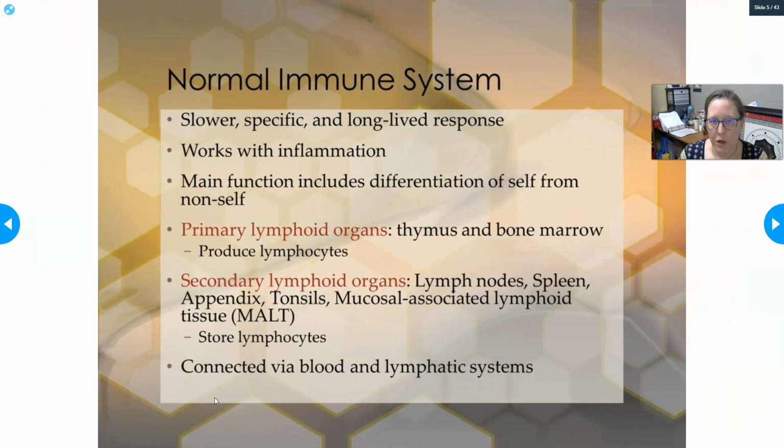Okay, so let's first talk about the normal immune system. So the normal immune system response is a slower, specific, and long-lived response, meaning that if a person is exposed to a pathogen, so let's go with group A strep, the first time that they get it, it's going to take a few days for the full immune reaction to take place, for antibodies to be generated, and the antibody titers to rise appropriately.